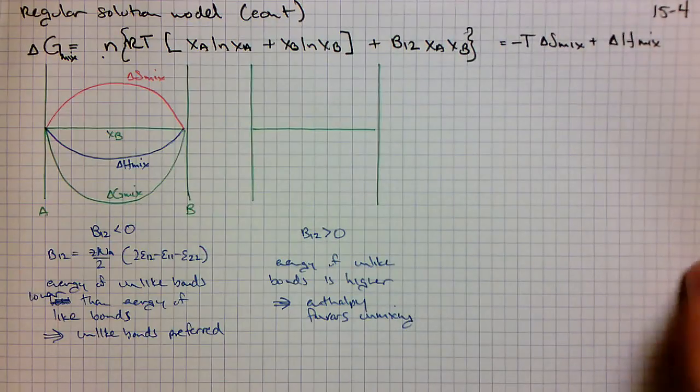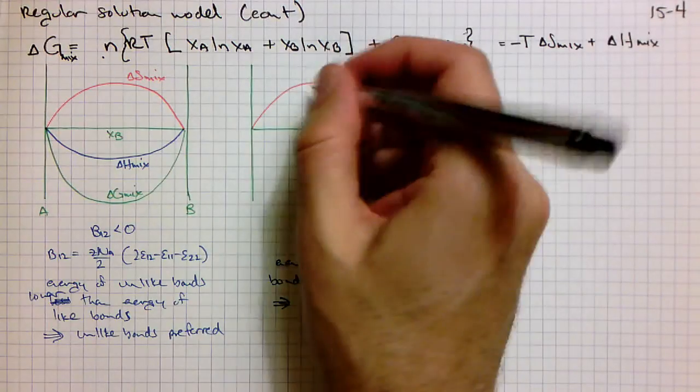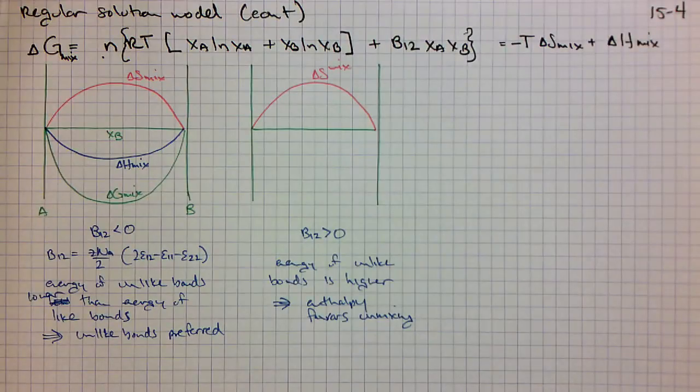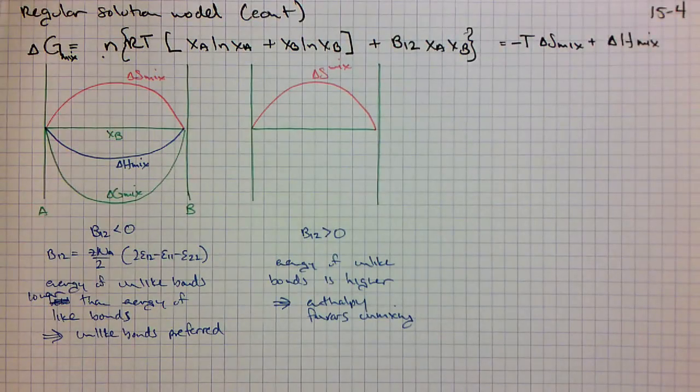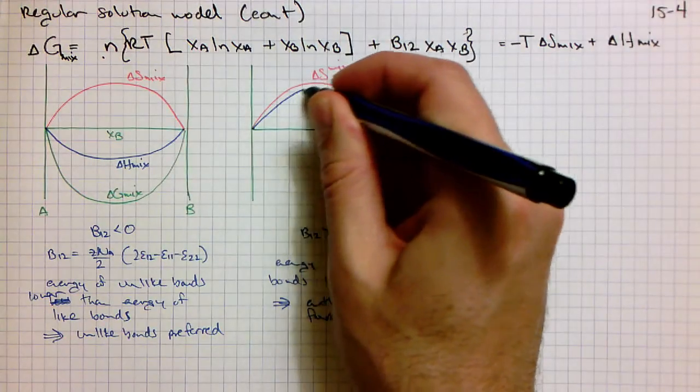So in this case, we still have the same shape of delta S mix, because that's coming from our ideal approximation, but we have a positive contribution from delta H mix.